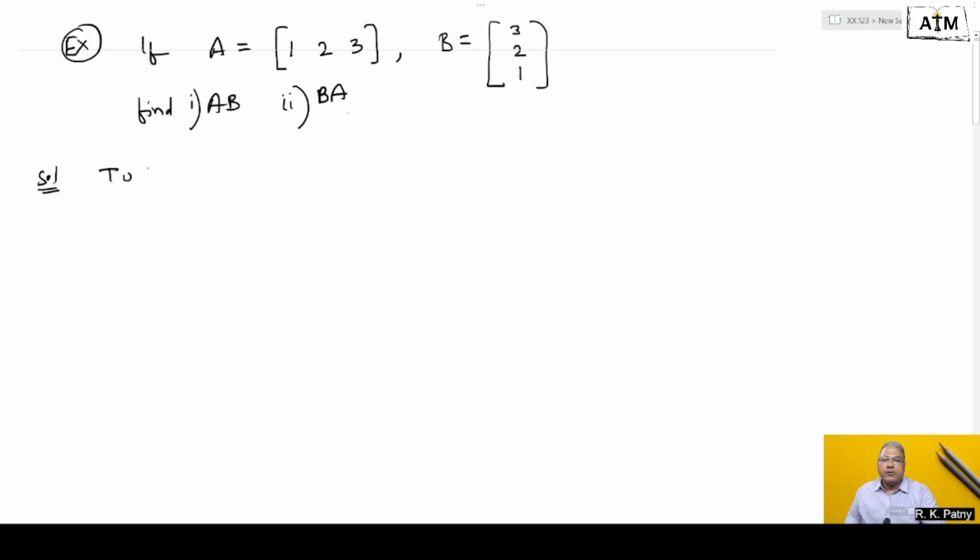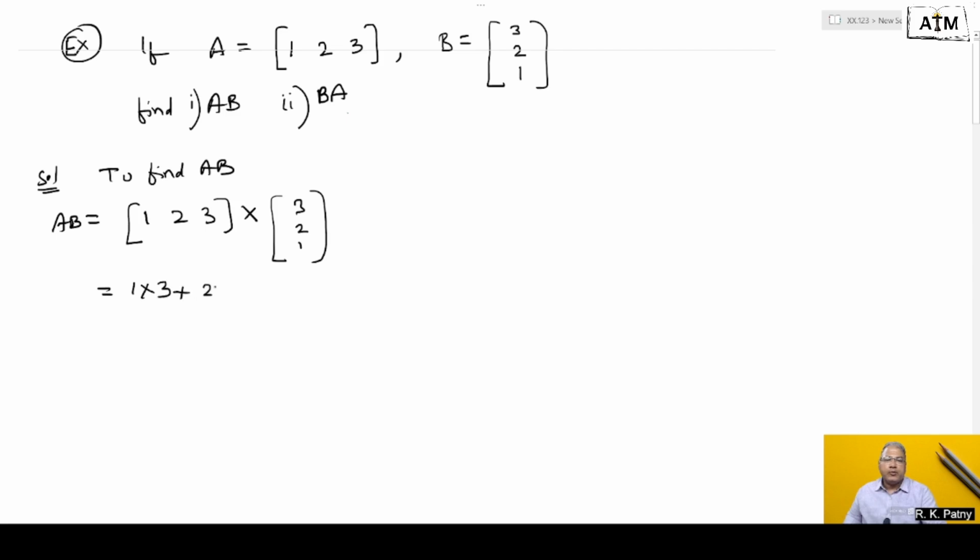So to find AB, AB equals to 1, 2, 3 (comma is not allowed) multiplied by 3, 2, 1 equals to 1 into 3 plus 2 into 2 plus 3 into 1 equals to 3 plus 4 plus 3 equals to 10. So this is the answer of A into B.